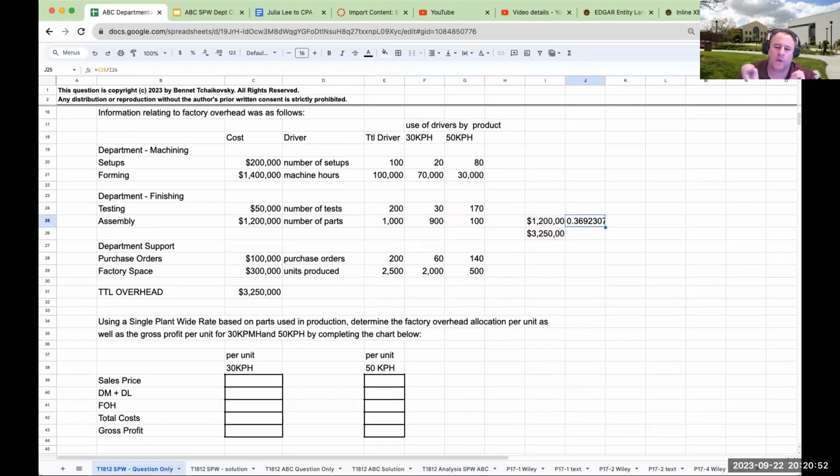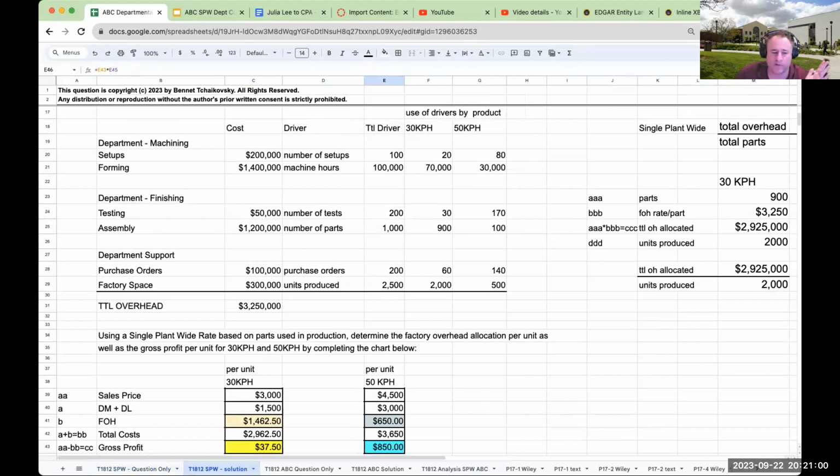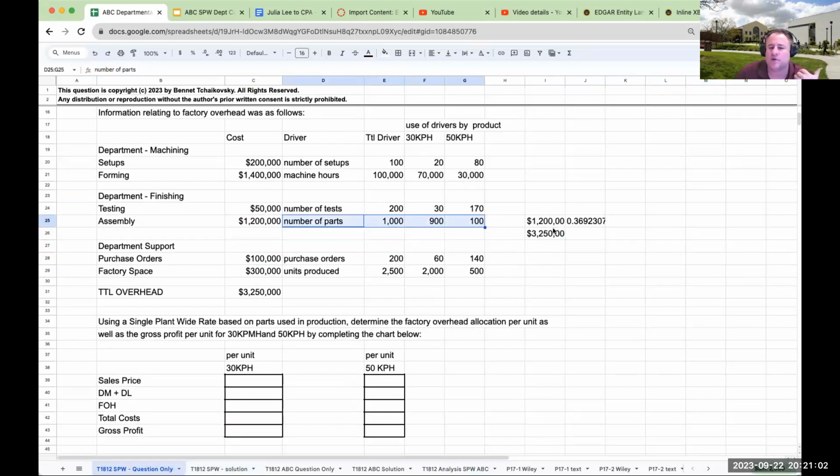Remember, when we are going through and doing single plant wide, we're choosing one factor, which in this case I basically said was parts, and we're using that as the single plant wide overhead rate. But could machine hours have been a little bit more realistic?